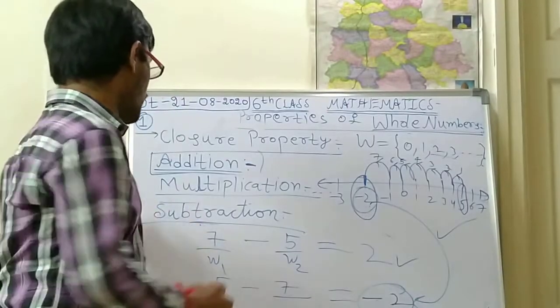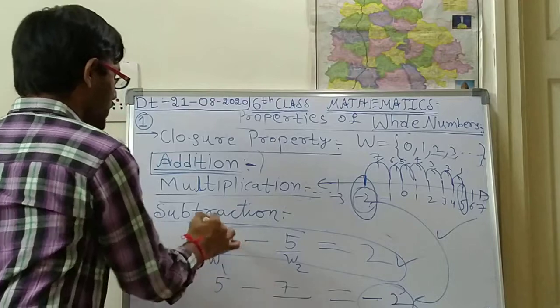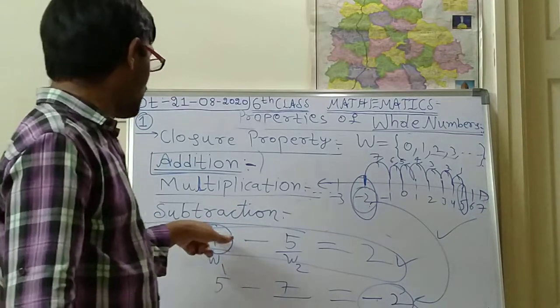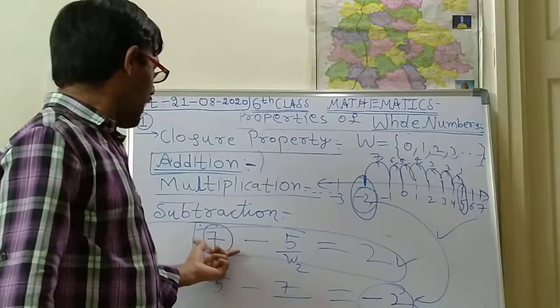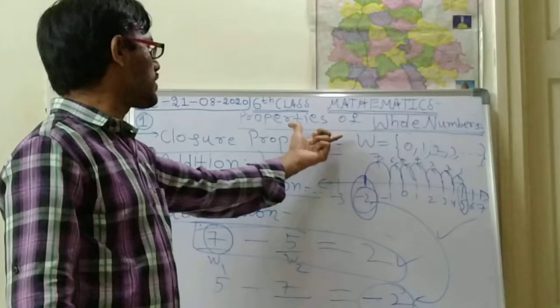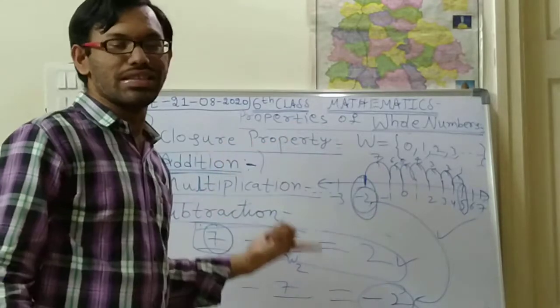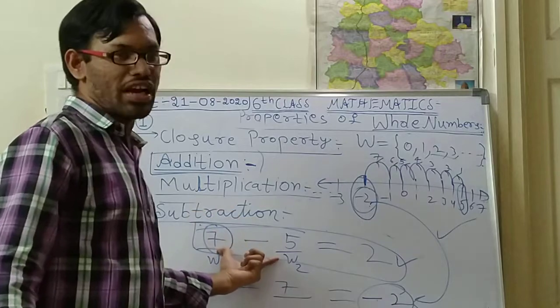That means for some numbers, if we take the greater number as the first number, then the closure property of whole numbers under subtraction is satisfied.